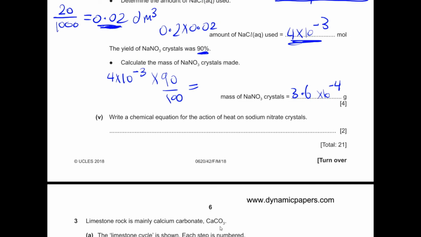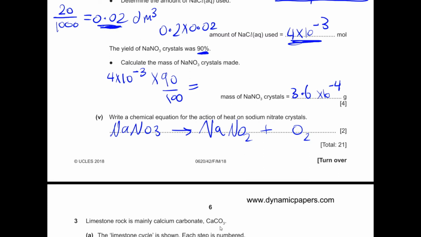Write a chemical equation for the action of heat on sodium nitrate crystals. So when we heat NaNO3, that makes sodium nitrite, NaNO2 instead of NaNO3, plus oxygen gas, and then we should balance it.